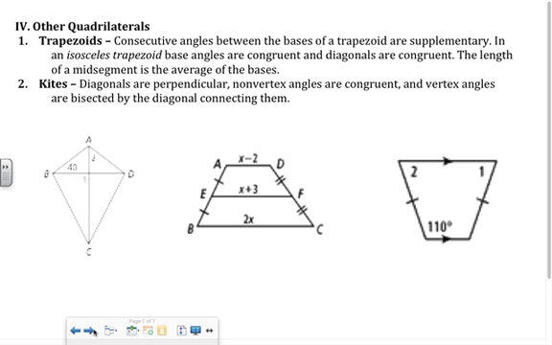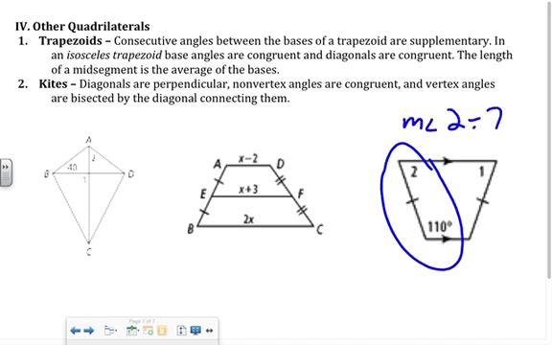So once I figure out what angle 2 is, I'll know what angle 1 is. They're the same. What I also know in any trapezoid is that the 110 and the angle 2 that I've circled have to add up to 180. So the measure of angle 2 is 70, and as I said, once you know angle 2, you know angle 1.